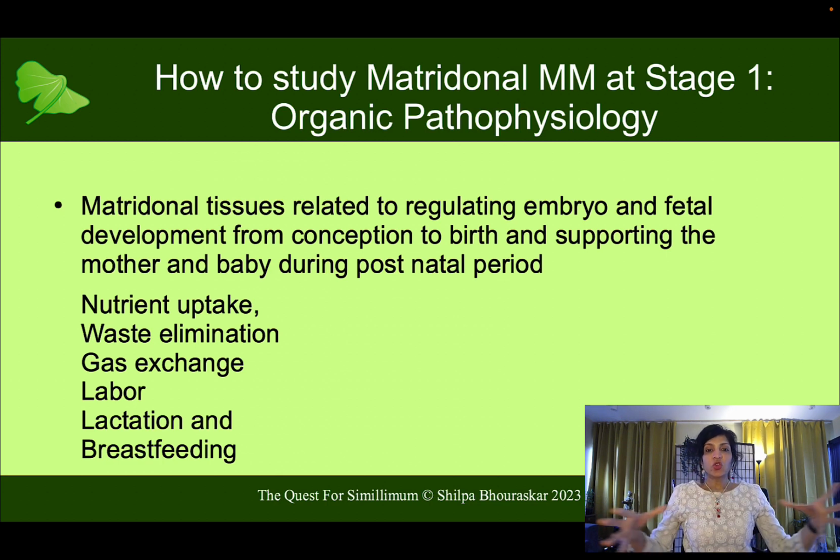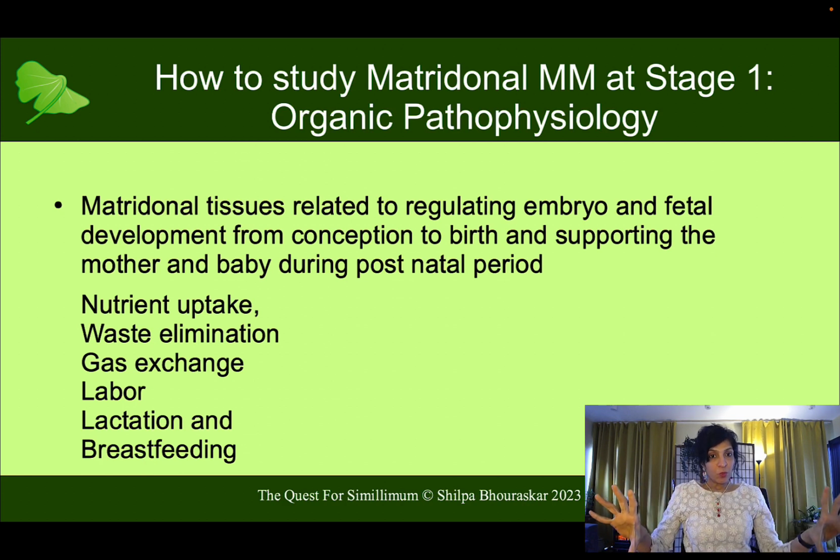So this is a huge spectrum again within the journey of the female, and works for nutrient uptake, for waste elimination, gas exchange when the baby is growing, and then during labor, the entire stage of labor, the lactation and the breastfeeding aspect. So can you see, this is where the matridonal tissues as well have an important role to play. So you have this whole spectrum in front of you at stage 1.